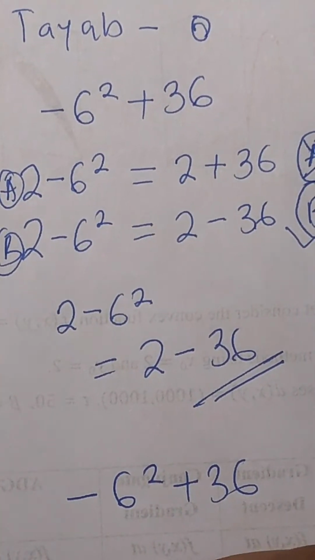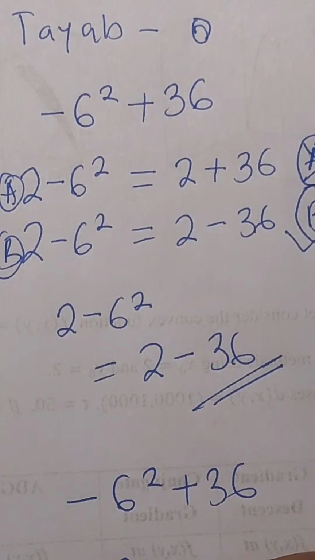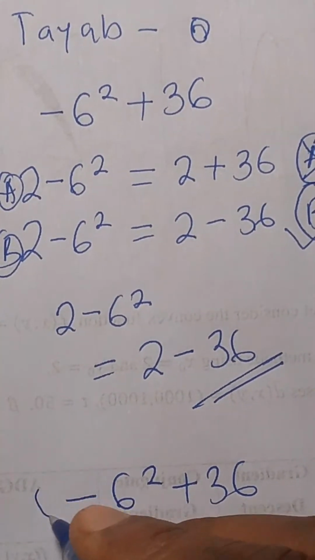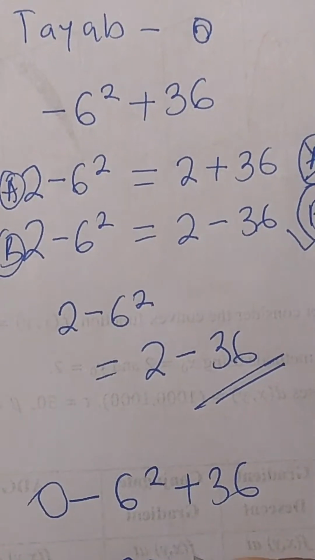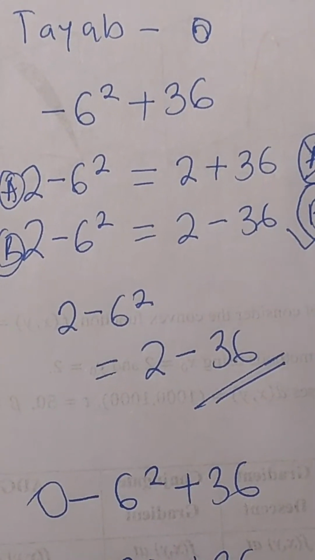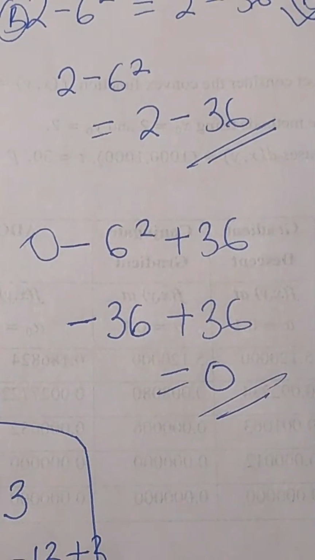Minus 6 square is 36. So if you don't know how to figure it out, just assume that there is 0 here. If there is 0 here, you cannot come and square here. It will be like this plus 36. So the answer is 0. That is how to solve it.